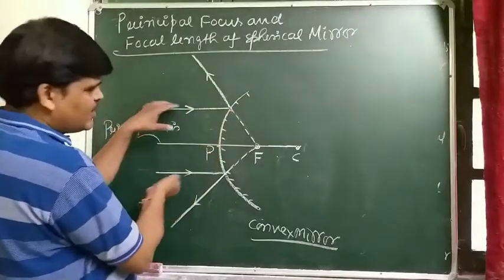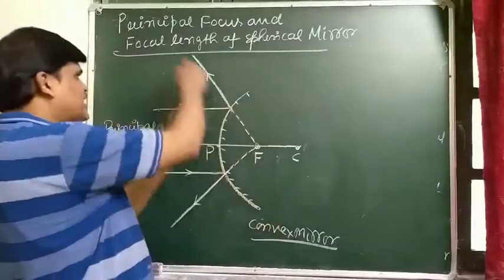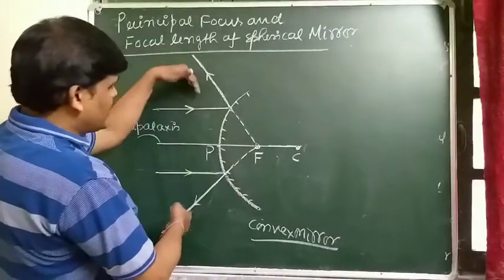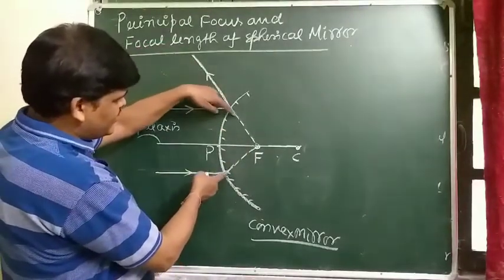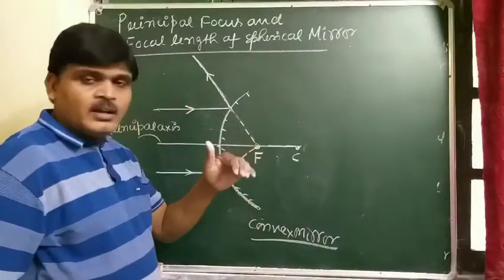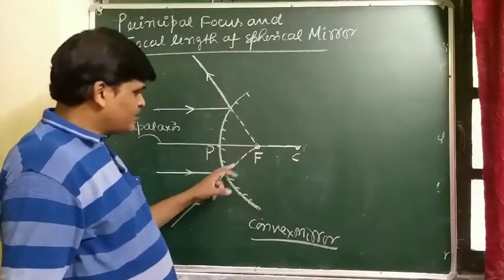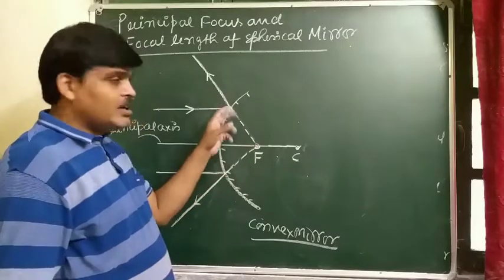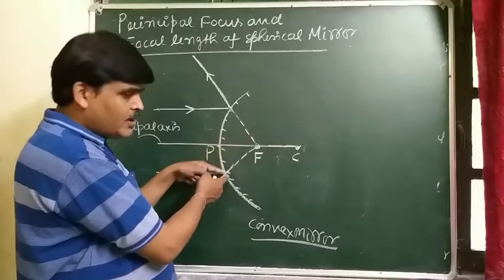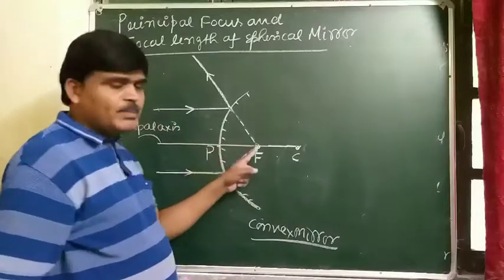Here, if a ray is applied parallel to the principal axis of a convex mirror, after reflection, these two reflected rays do not actually intersect, and these reflected rays are extended in the backward direction. They appear to meet at a point F on the principal axis.